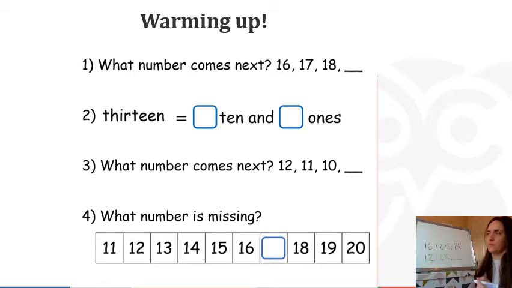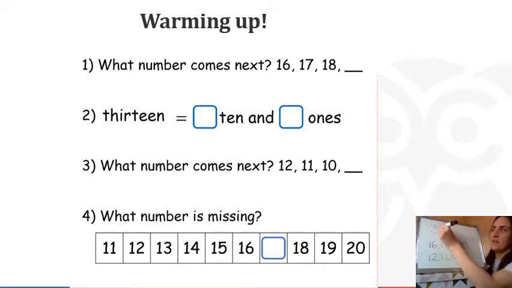Okay then, so I'm going to think about this one now. So 13 is equal to, how many tens are in 13? So I'm going to draw myself a base 10 stick with 10 ones in, and that is the same as 1 ten. So 13 is the same as 1 ten.